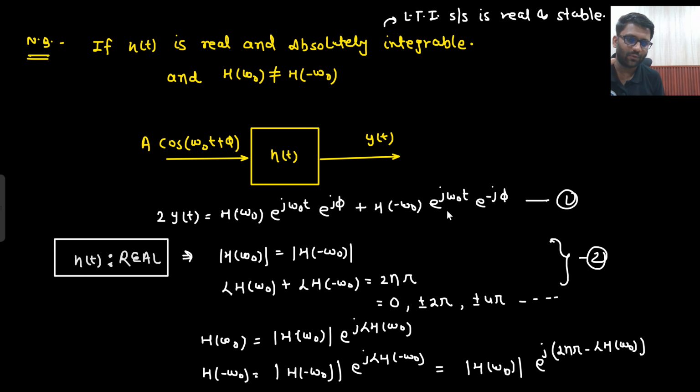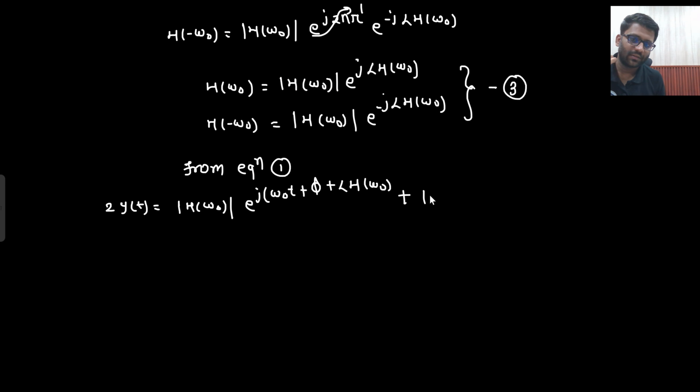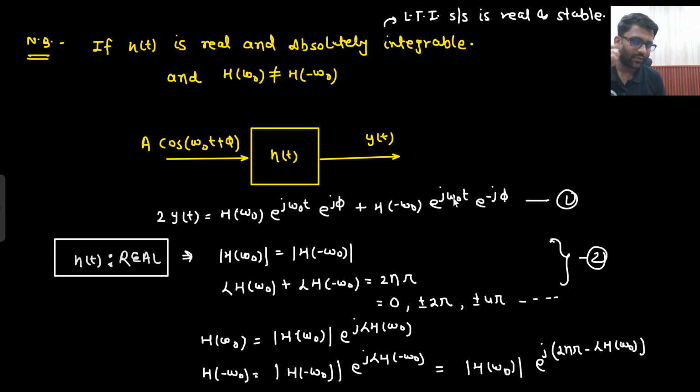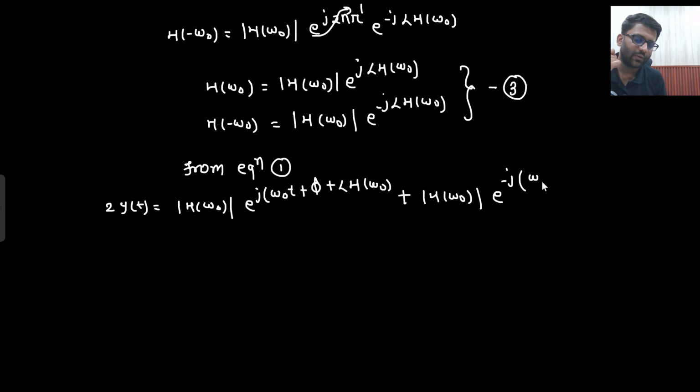Plus, here, mod of h of omega naught e to the power minus j. Just one second, here it was minus, sorry. So e to the power minus j (omega naught t plus phi), plus this negative angle will also come. But the minus sign is already taken common. Do you agree to this point?